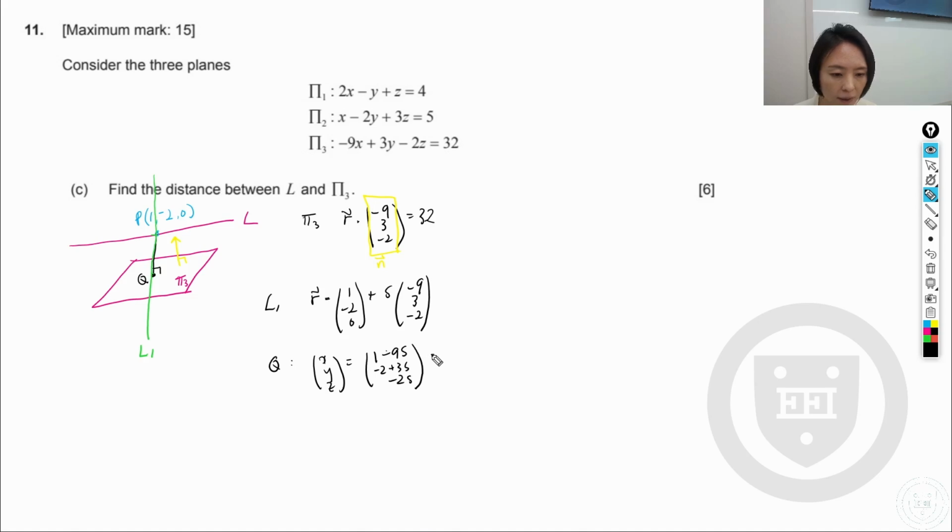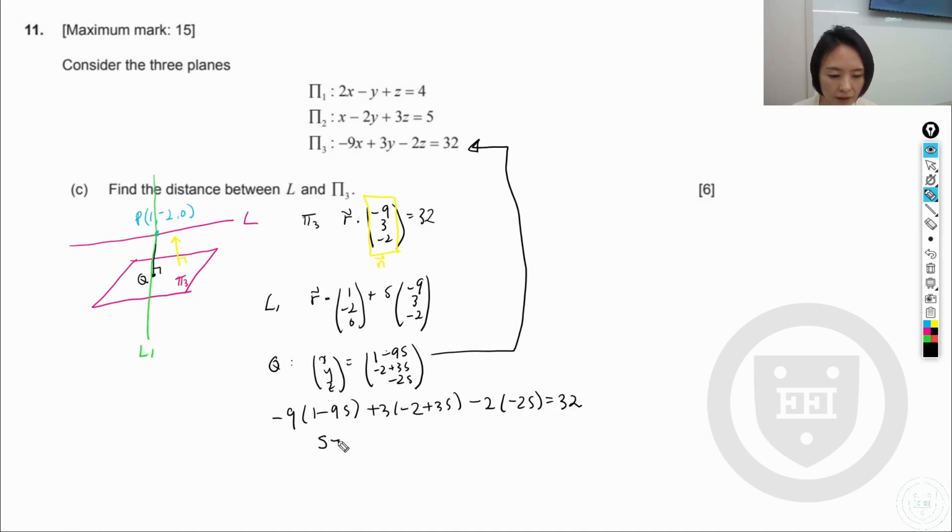If we plug it back into the Cartesian form of the plane equation, we get negative 9 times (1 minus 9s) plus 3 times (negative 2 plus 3s) minus 2 times (negative 2s) equal to 32. If we simplify it, we get s equal to a half.